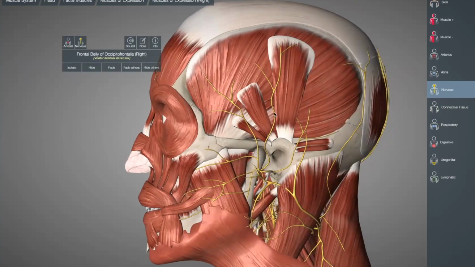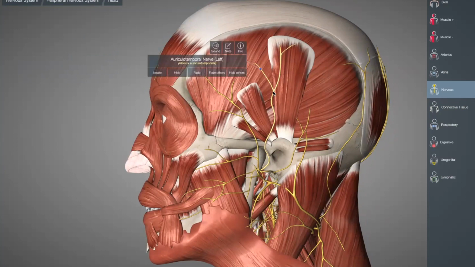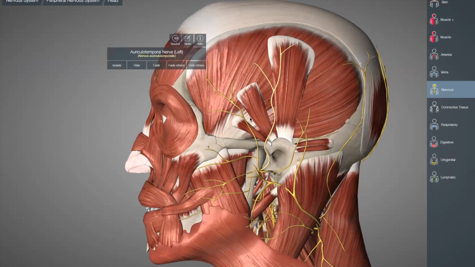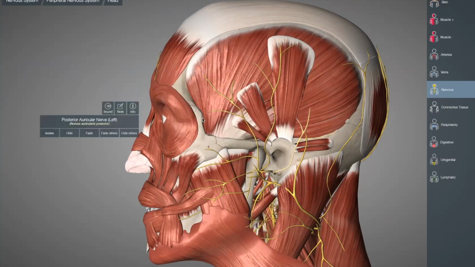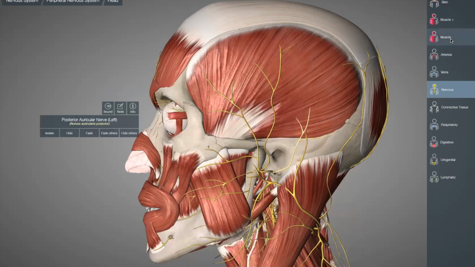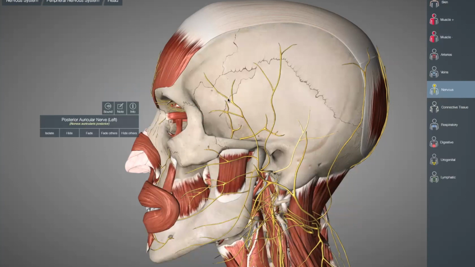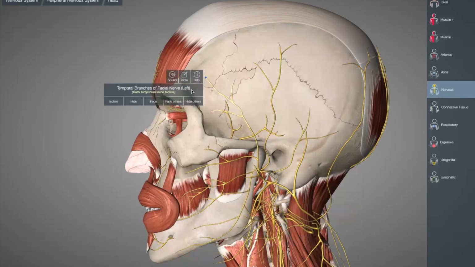So the first branch of the facial nerve is the temporal branch. Now we're talking only about the innervation of the muscles. That's not to say the facial nerve is only that.